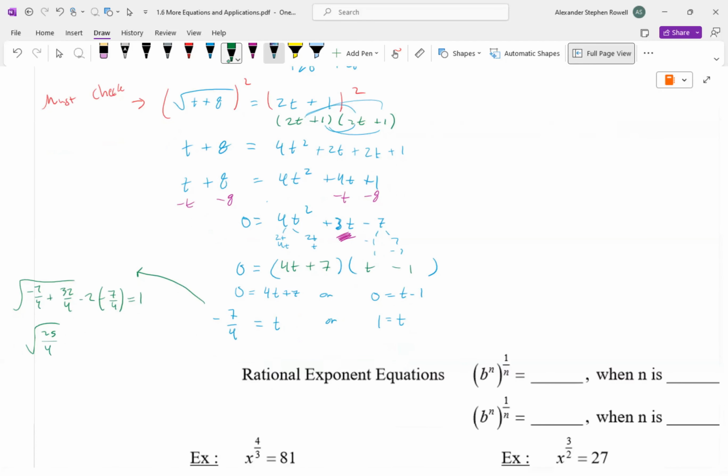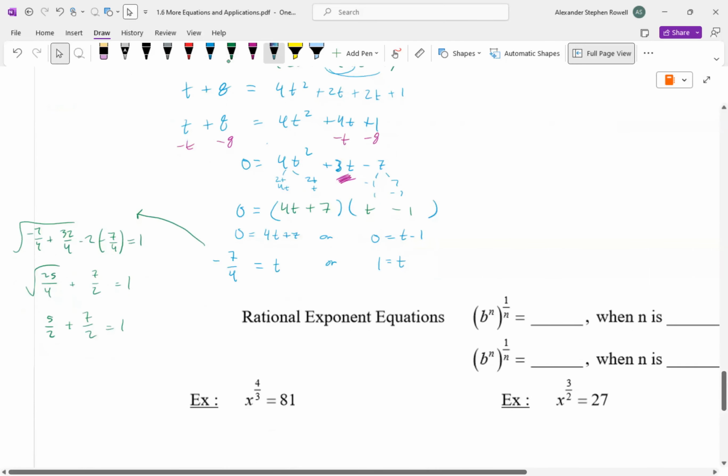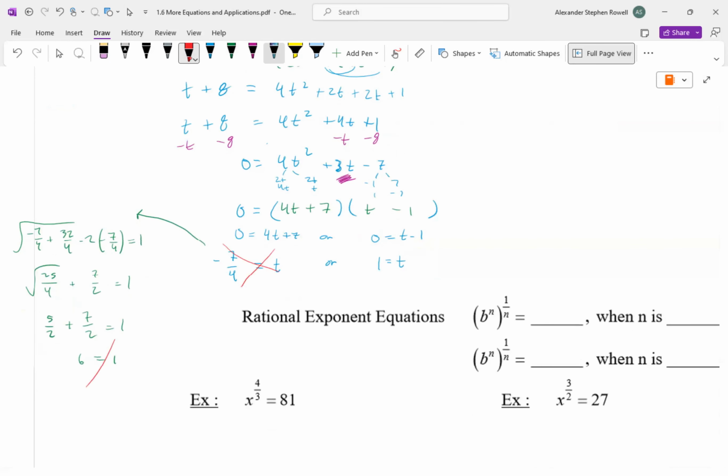So I got square root of 25/4 plus 7/4 is equal to 1. What's the square root of 25/4? Square root of 25 is 5. Square root of 4 is 2. 5 halves plus 7 halves is what? 12 halves. 6 equals 1. No, which means this is, in fact, not a solution. It's an extraneous solution. We cross it out.